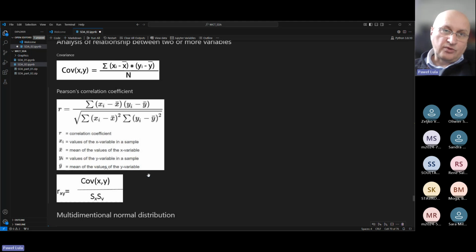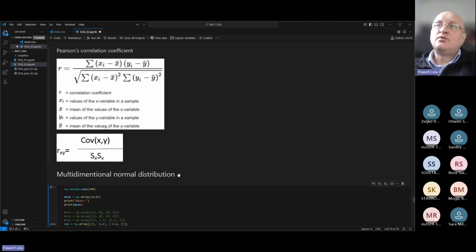Low values close to -1 inform us about strong negative correlation. Values which are close to 0 inform us that there is no correlation, no relationships between values of these two variables.